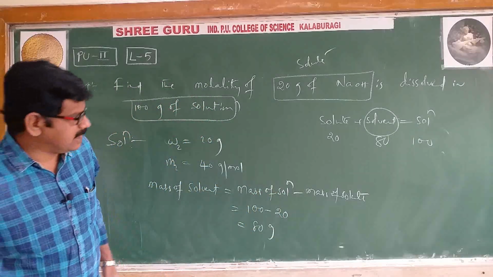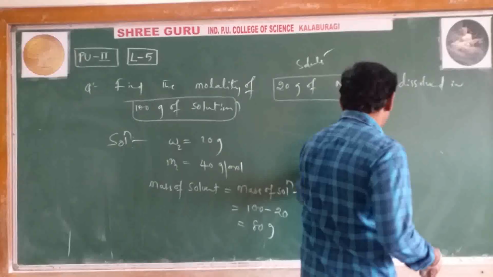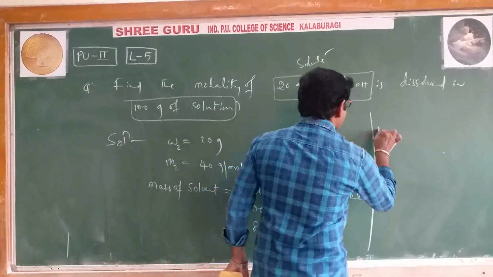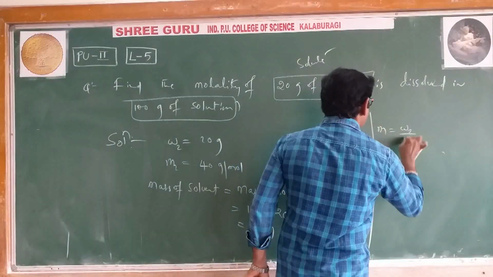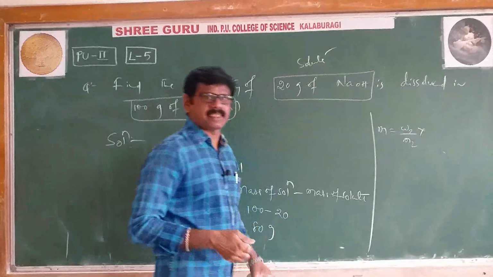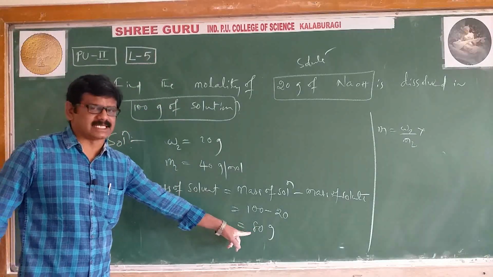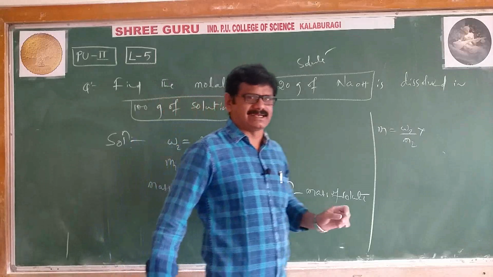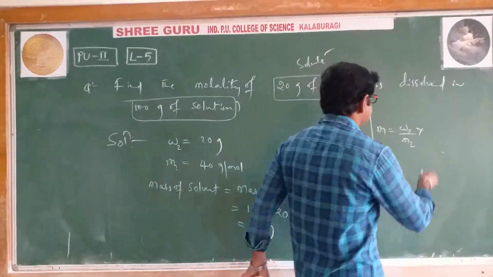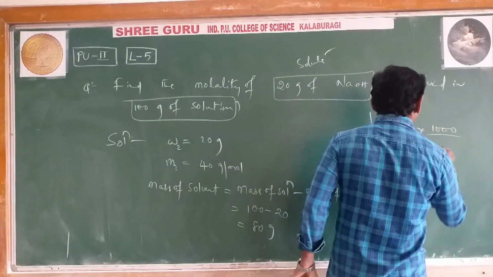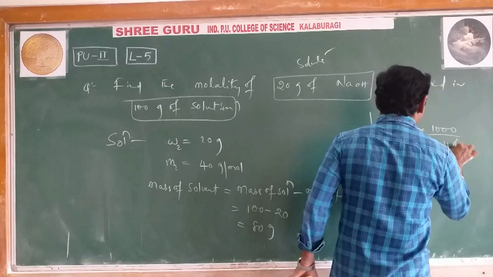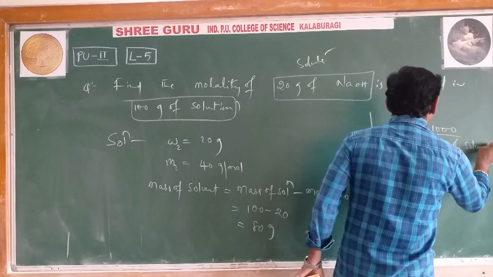That's it. Now we'll take our formula and substitute. Small m equals W2 by M2 into 1000 divided by mass of solvent. Here again, the mass of solvent is in grams, so we have to select the grams-related formula, that is 1000 divided by mass of solvent in grams.